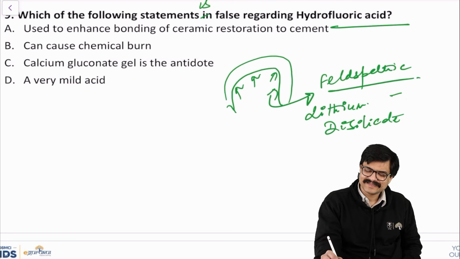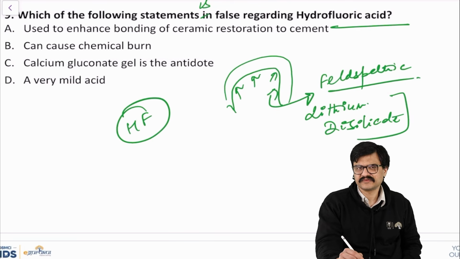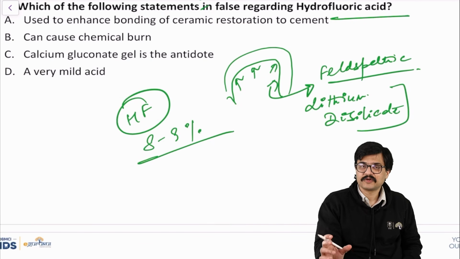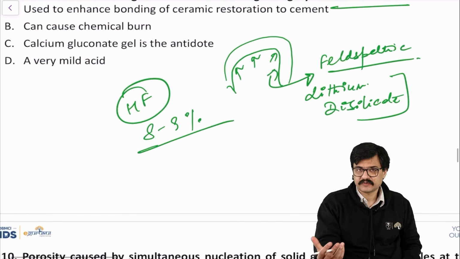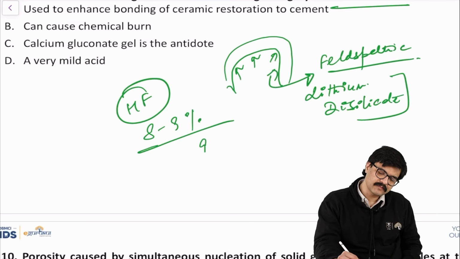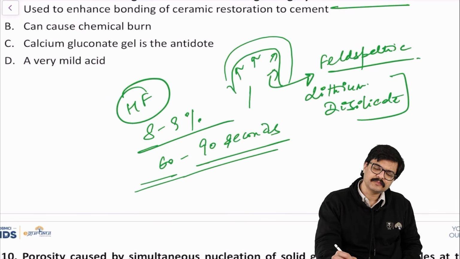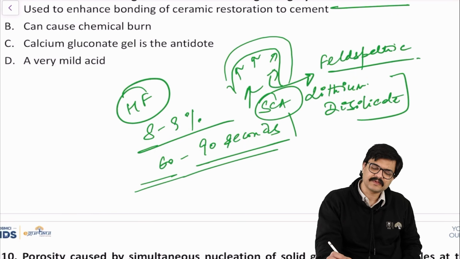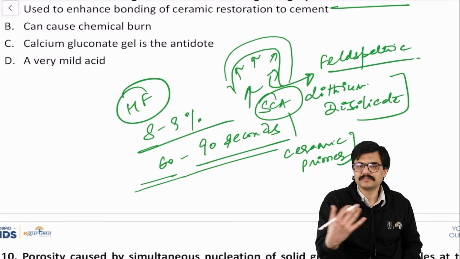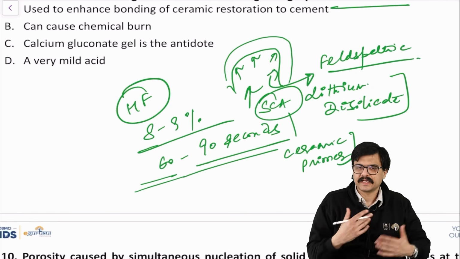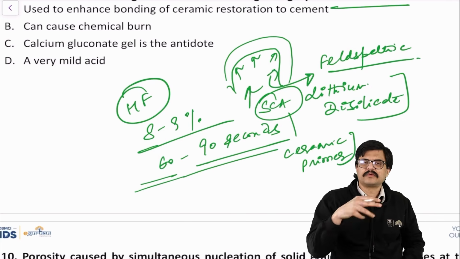Now this HF is typically used in very low concentrations, only up to 8 to 9%, and you have to apply this HF for much longer than what you apply your phosphoric acid to the tooth. You apply phosphoric acid just for 15 seconds, but HF you can apply for about 60 to 90 seconds, okay. And then you wash it off, and then you place your silane coupling agent, which is also known as ceramic primer. That couples it with the bonding agent that you're going to apply to cement this crown onto the tooth, okay?